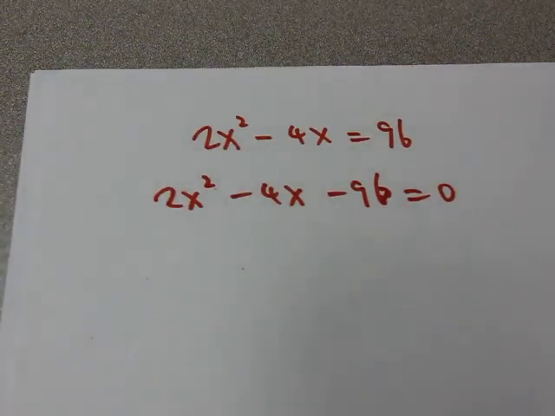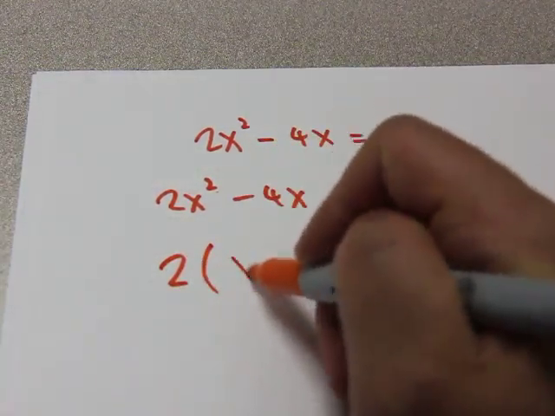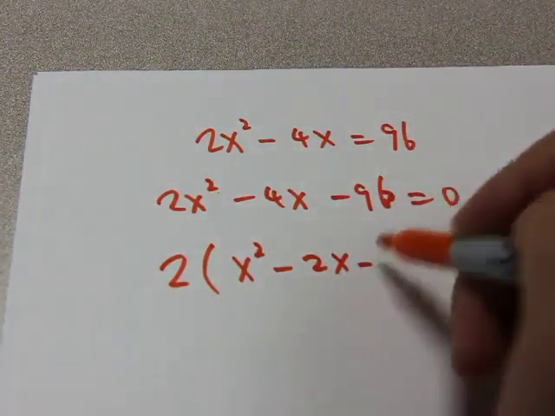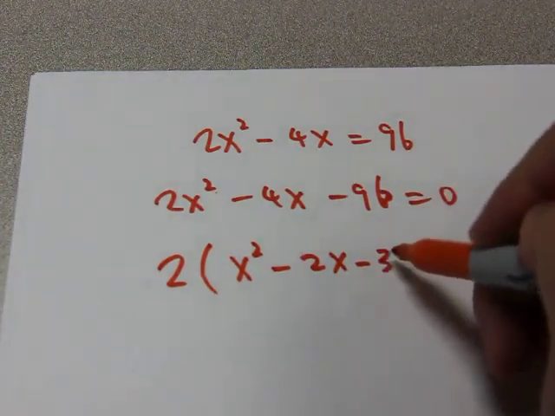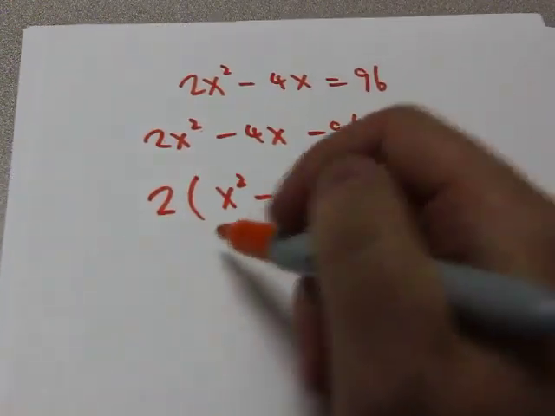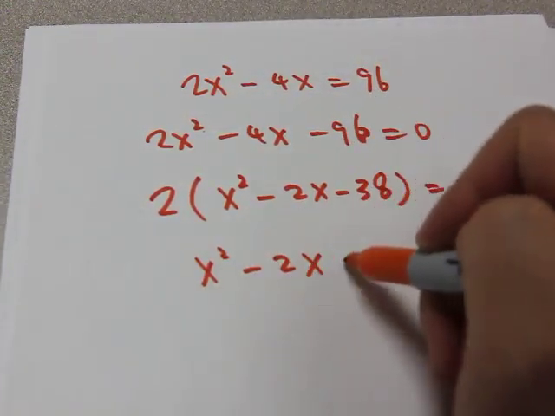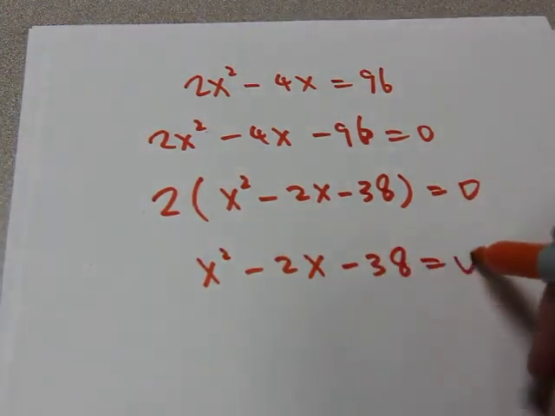Here you can use the quadratic formula to solve this equation, or you can solve this equation by factoring. So if we factor out 2, this will be 48. Right. So then we divide by 2. So we change the equation into x squared minus 2x minus 48.